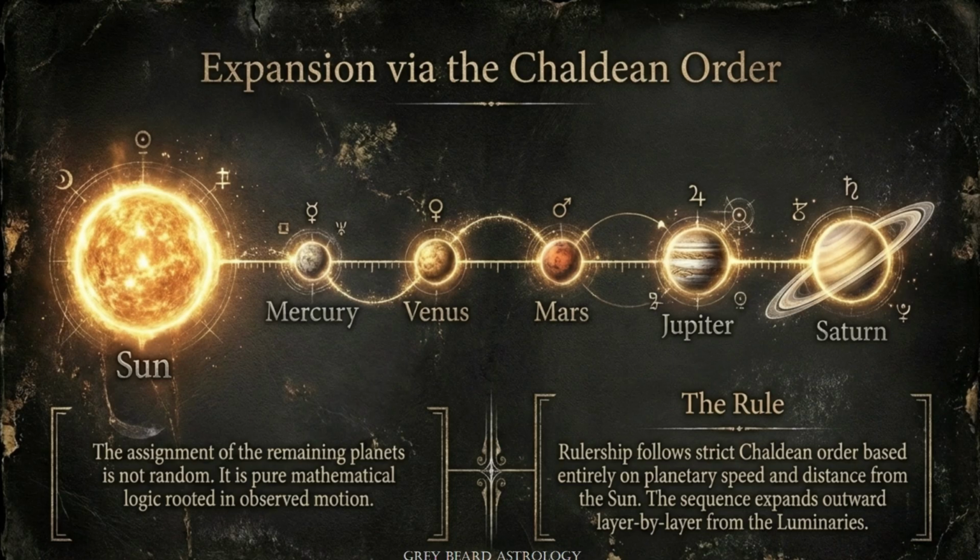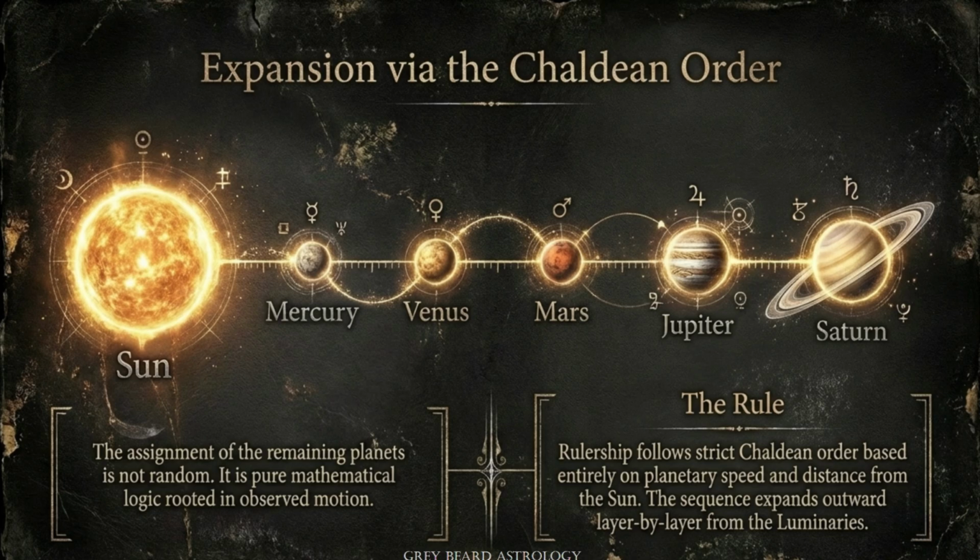So from this basis point now, we expand out in what is called Chaldean Order. Chaldeans were a certain group of people back in the ancient times that were pretty fascinating. But we just call it the Chaldean Order of assigning the remaining planets, not to random locations. This is purely mathematical, logical, rooted in observational motion of the planets in the sky.